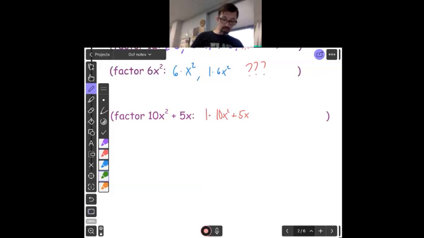3 times 2x squared. All right, fine. What multiplies to be 10x squared plus 5x? Ooh, Tion, there you go. No question mark needed. 5x times 2x plus 1.